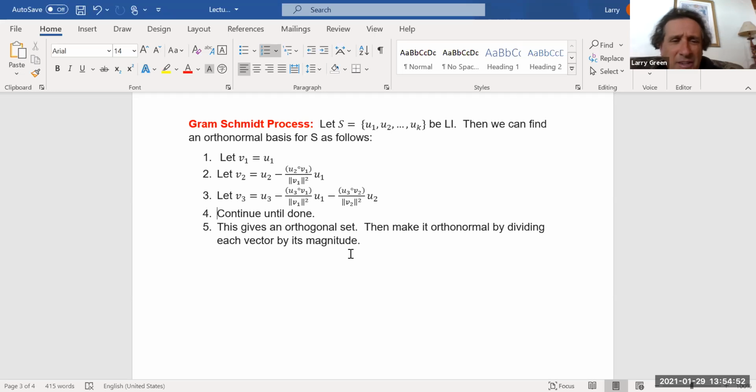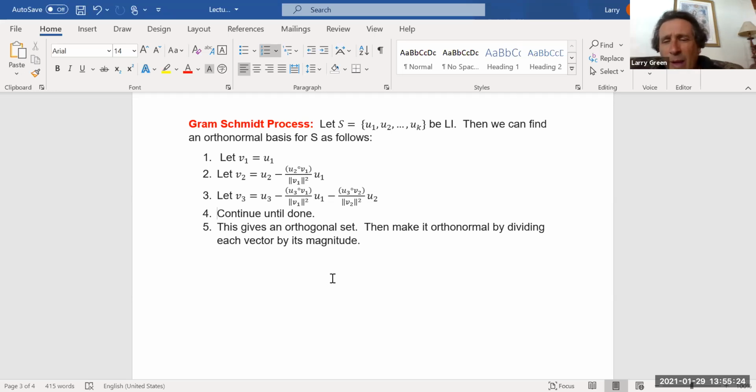I do want to mention something. Typically, if you can do it by hand, then what you're going to do is take V2 and do this mess, and then multiply by the common denominator, because then you don't have to deal with fractions. And same thing with V3 and so on. Any questions on that idea?